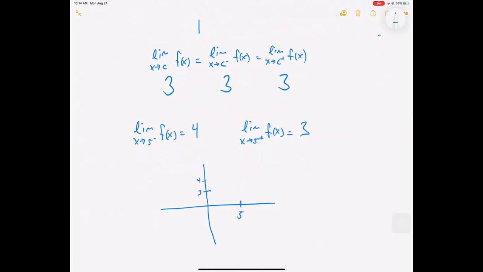So from the right side, we're approaching it from the right. That looks like 3. From the left, it's 4. Could you then tell me that there's a value we could say it looks like? Could we say the limit exists? Okay, this is just a general idea here. Can we say the limit even exists? Remember, the limit is what should it look like?